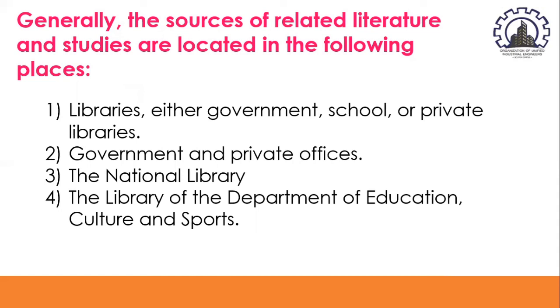Also, we have government and private offices, the National Library, and the Library of the Department of Education, Culture, and Sports. So the last two, the National Library and the Library of the Department of Education, Culture, and Sports, are specially rich depositories of related materials, particularly unpublished master's theses and doctoral dissertations.